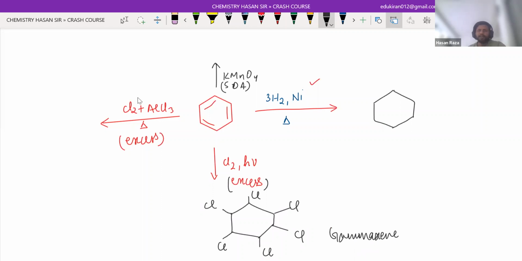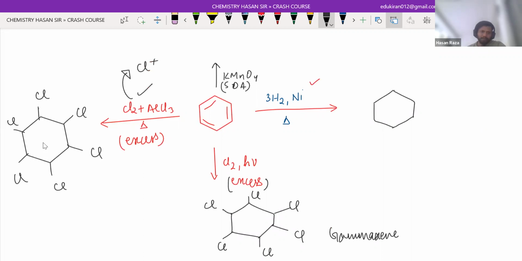Now the next, you can see Cl2 in the presence of AlCl3. There will be generation of an electrophile, that is Cl plus, and since it is in excess, it will replace all the hydrogens. It will replace only the hydrogen. The double bond will be as it is. And with KMnO4, there will be no reaction.